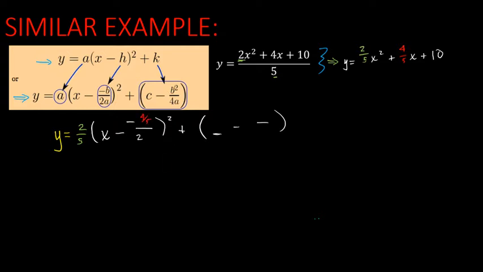And then I've got b again over here, 4/5. Notice that it's b squared, which means I'm going to take this whole fraction and square it. Next, I'm going to fill in c. c is just equal to 10. That's easy enough.